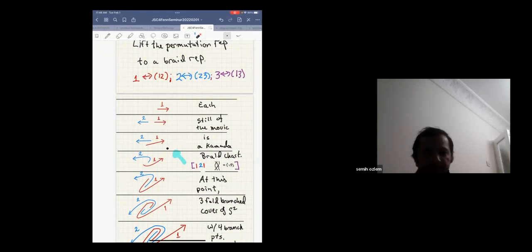And then we're going to start moving this black vertex past the other black vertex. So we're going to move it in front.